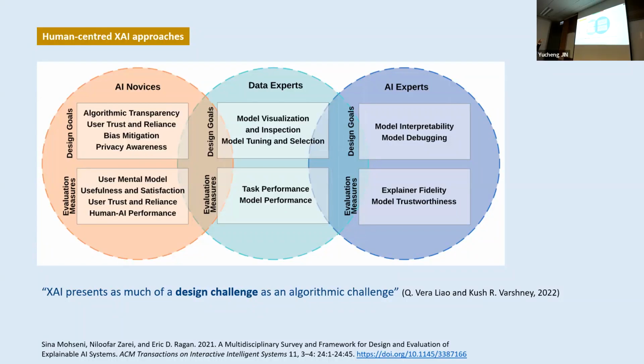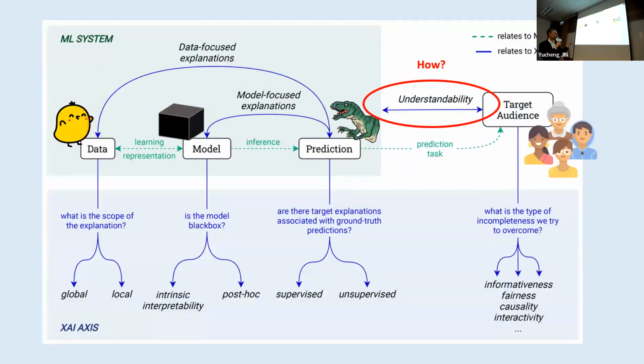But on the other hand, now we have this, and this shows that XAI is as much a design strategy as it is an algorithmic strategy. It's very challenging to come up with all these different explanations for all these different people. And that is what the human-computer interaction community is trying to do. Trying to bring in the perspective of humans and not only the mathematics, which is AI, of course. It's mathematics, it's not magic.